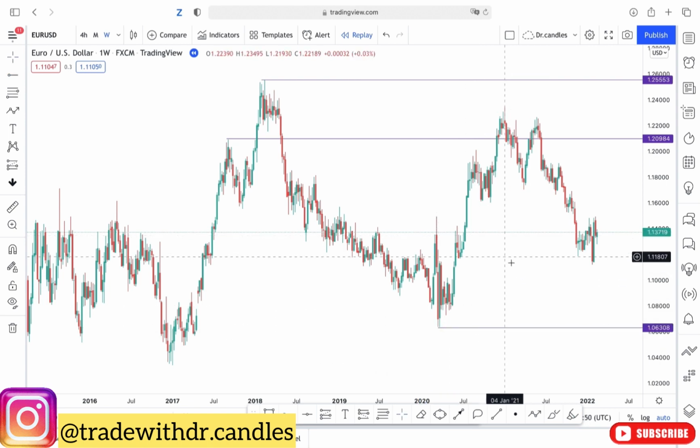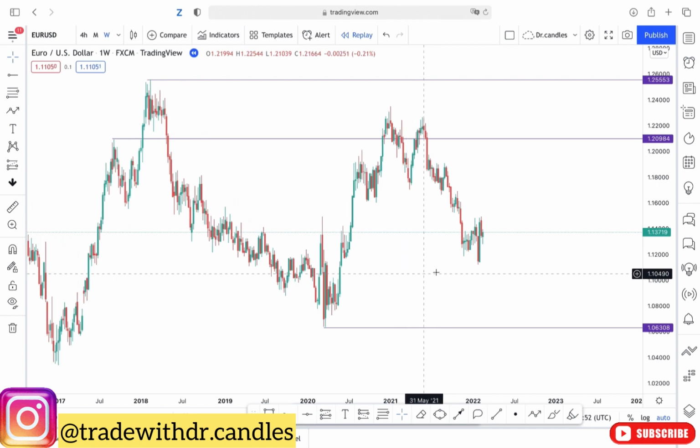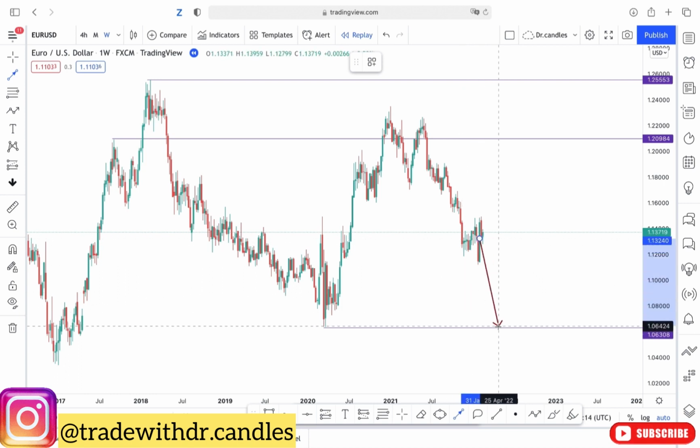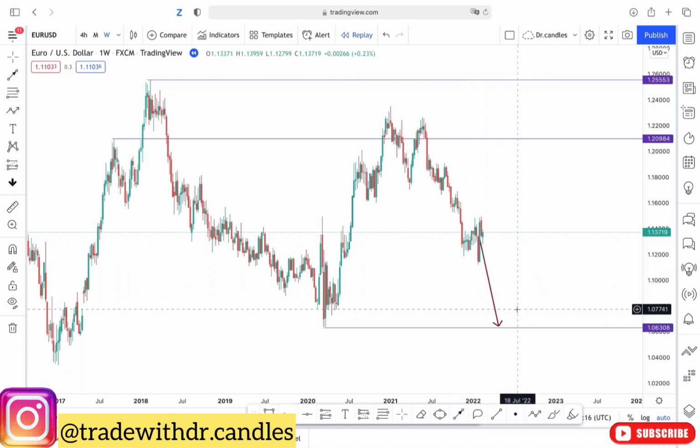Even with Quasimodo alone, it's telling us that this market is supposed to trend down to hit this TP, because whenever the market creates a lower low at the Quasimodo level, it really has to come back to that level to hit your TP. That is one thing that we are sure of. So definitely we are sure the market is supposed to trend down here just to hit our Quasimodo TP.